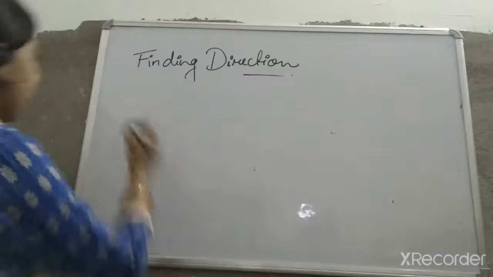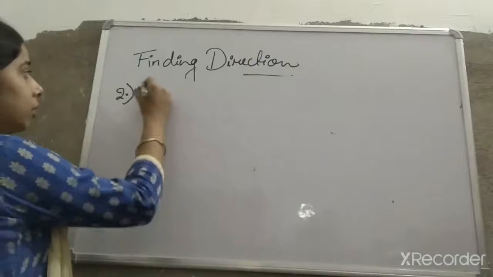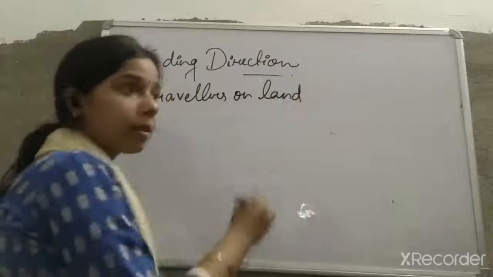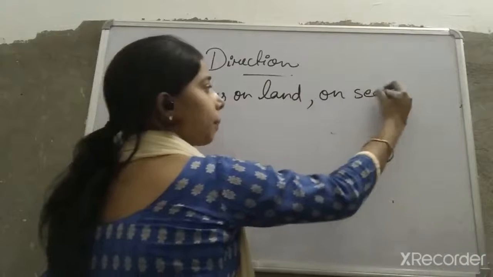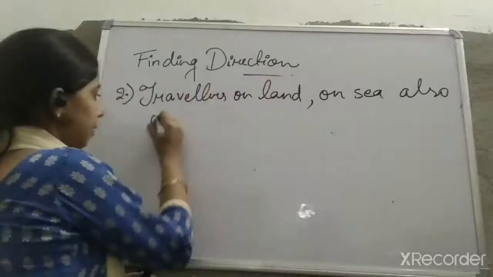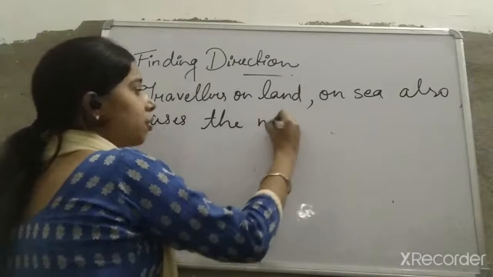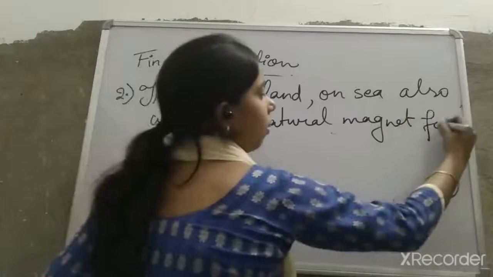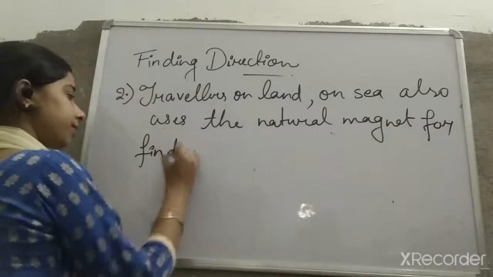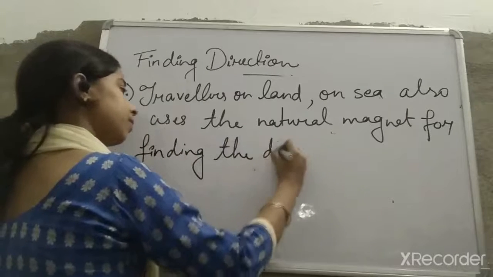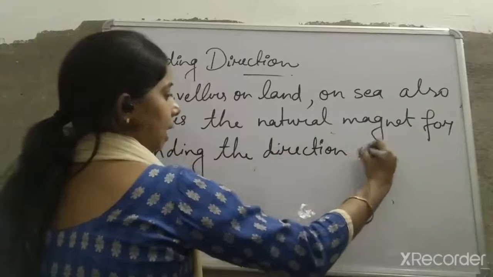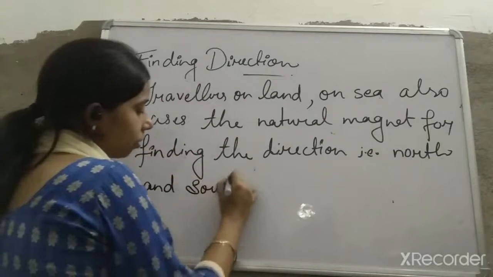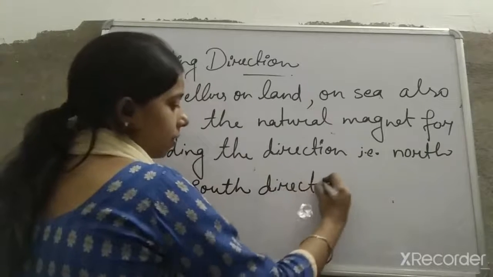So we can say that not only the travelers on the land, but the travelers on sea also use the natural magnet for finding the direction, that is north and south directions.